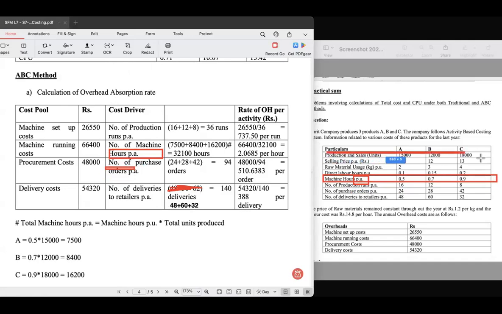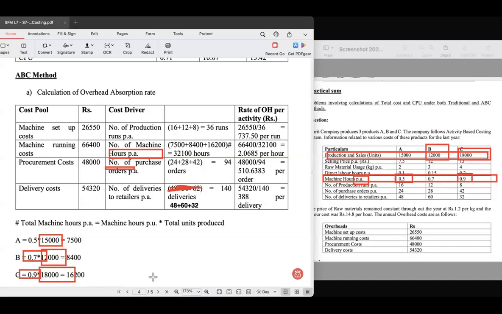We have the production and sales in units here. So we are simply going to multiply 15,000 into 0.5, 12,000, which is over here, into 0.7, and 18,000, which is here, into 0.9 to get the total machine hours per annum.